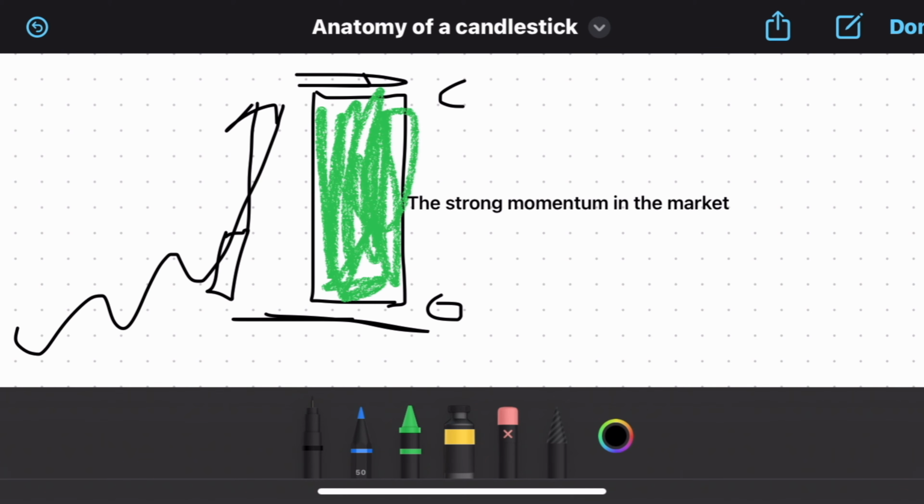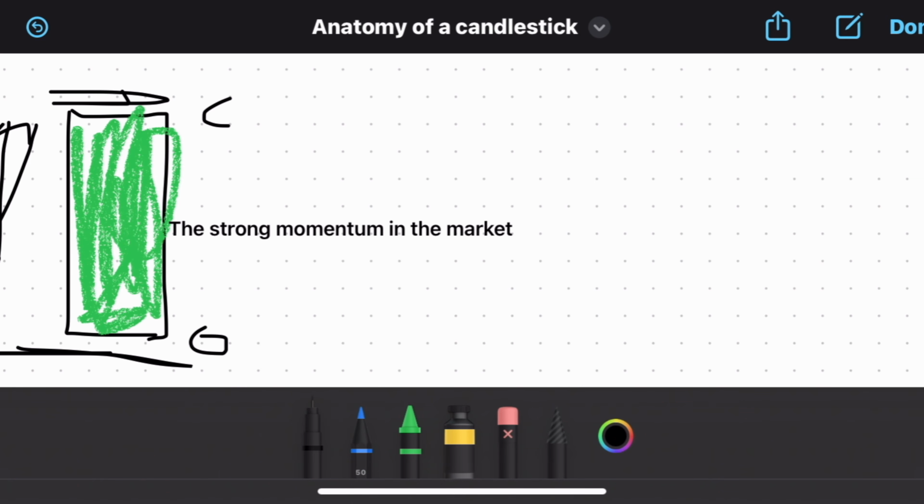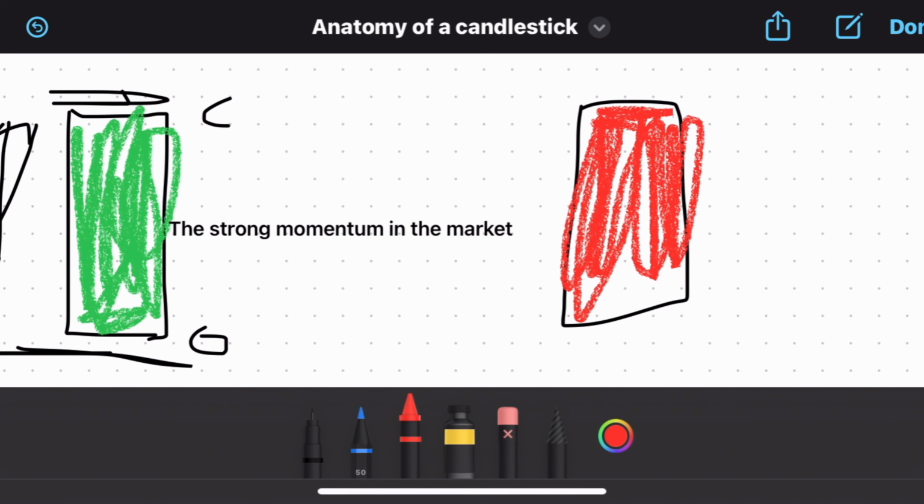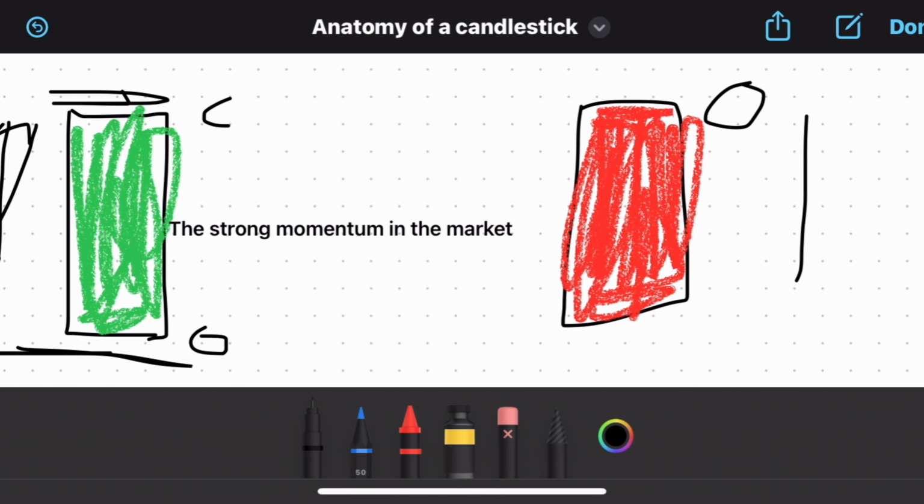So the same way with a bearish Marubozu right here. These are my sketches. So on a bearish Marubozu candlestick like this, it means that price opened at this point, and immediately it was pushed all the way down and closed at this point. So it means that the price didn't even get the chance to move up a little bit before being rejected.